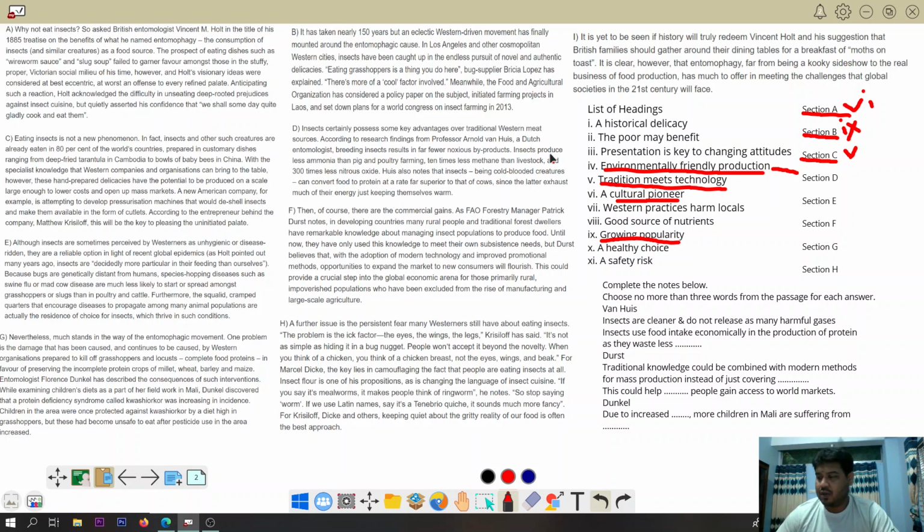Because this is talking about some sort of economic benefits, as it says economic arena, we need to look at options or headings which talk about production, or economic benefits, or something related to those words. Now, of course, we can see that the poor may benefit.